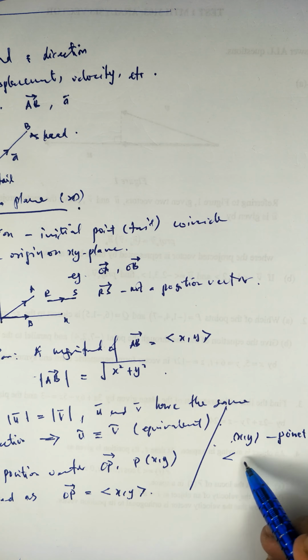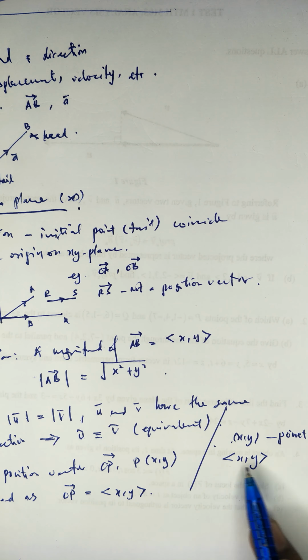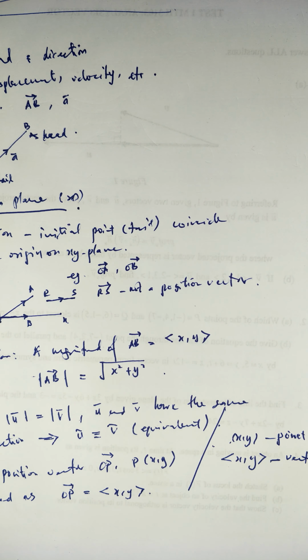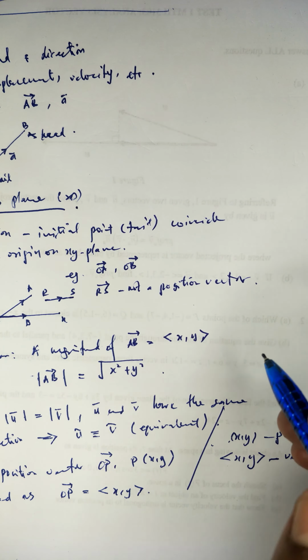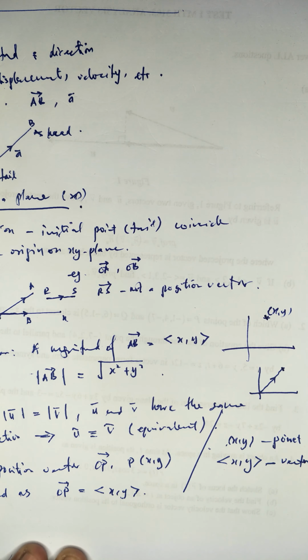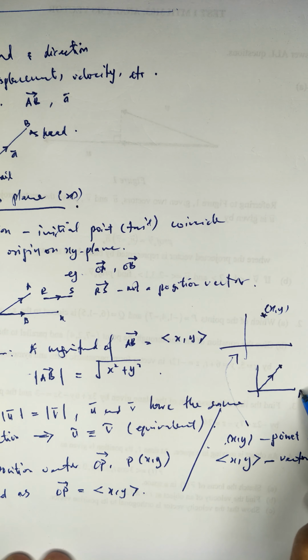But if I write x, y with the angle brackets, then we call this a vector. A point and a vector are different. This is for points, and this is for vectors.